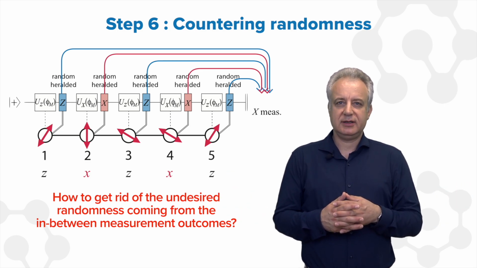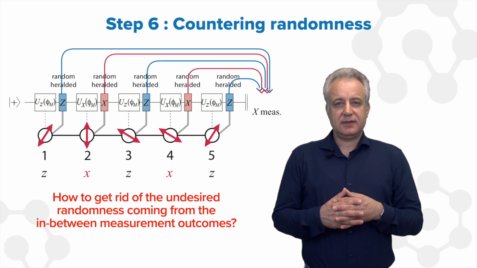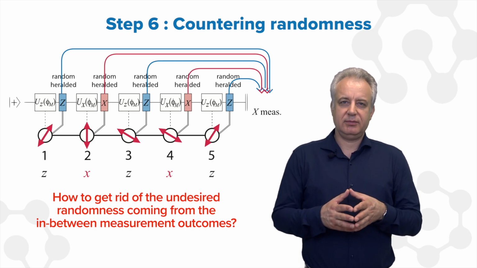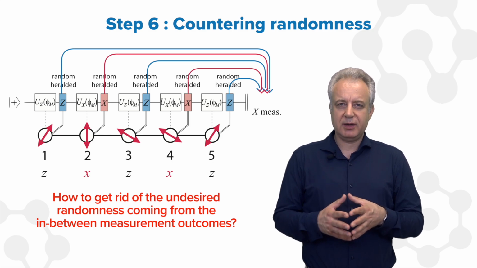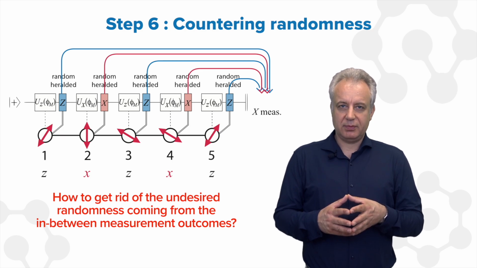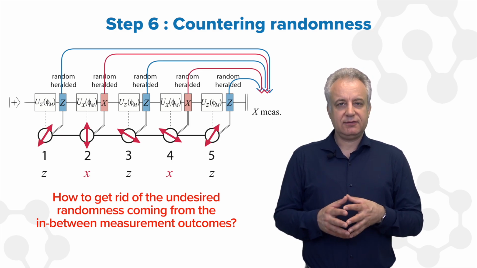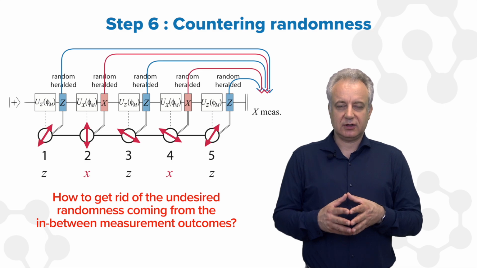That's the overall idea. But this forward propagation in time is not entirely easy, because these byproducts do not commute with the logical gates that we propagate them through. And this effect we now need to study.